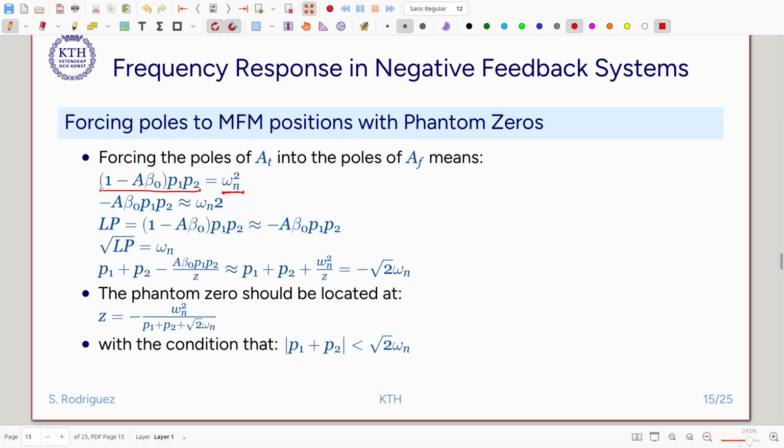And typically this factor is going to be much larger than 1, so we can omit this 1. Then the loop gain pole product is going to be approximately this, and for 2 poles, the square root of the loop gain pole product is going to be equal to the maximum bandwidth that I can achieve.